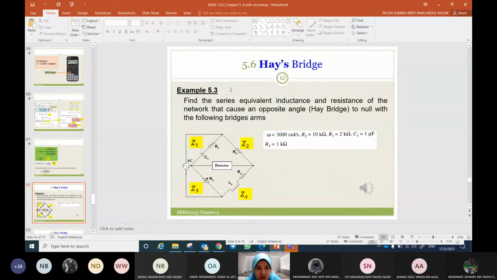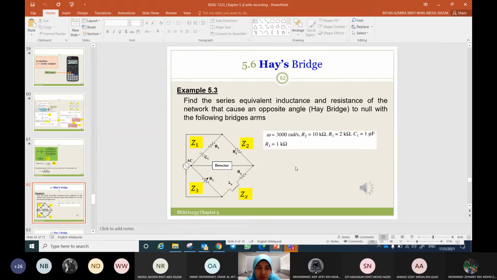Okay, so example 5.3: find the series equivalent inductance and resistance. This Rs and Ls, inductance and resistance, can cause an opposite angle to null with the following, meaning that null is equal to 0. This detector is equal to null, meaning that no current flows through this detector, meaning that the bridge is balanced.